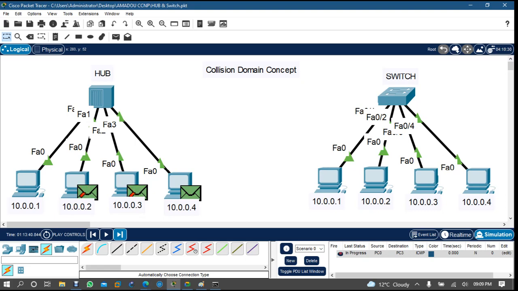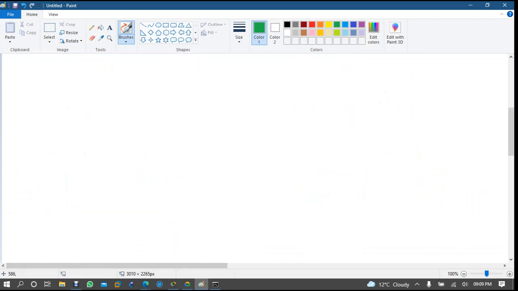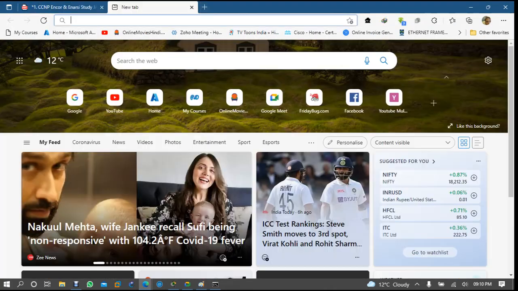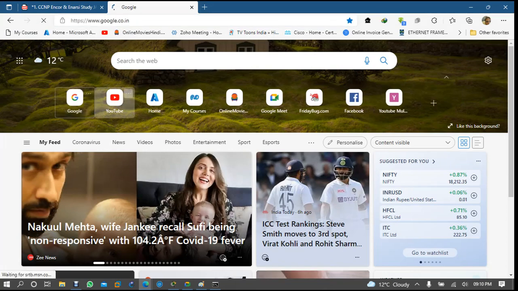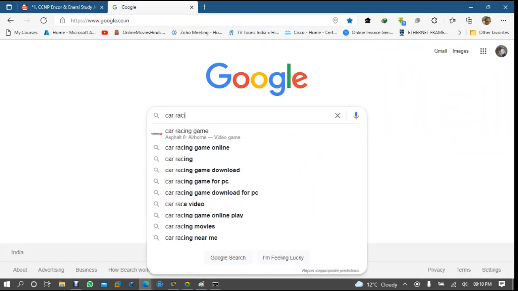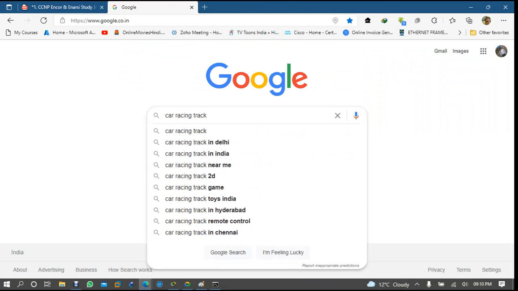Let's take an example of collision domain and broadcast domain. Suppose you know the car racing track. Let me show you a car racing track.